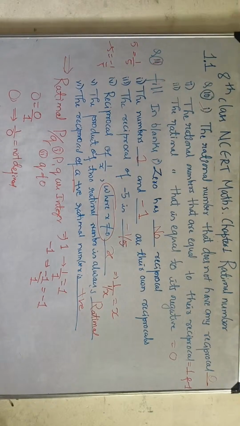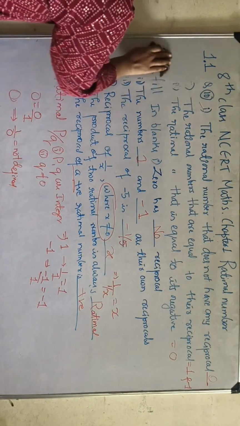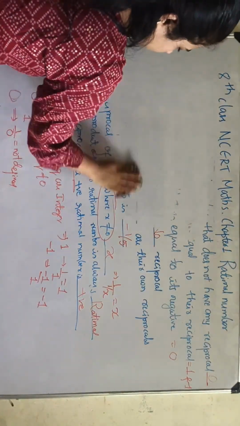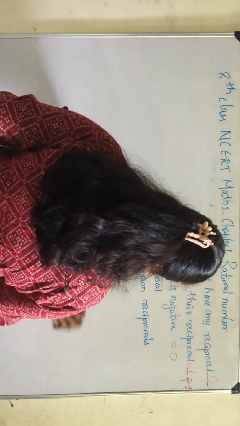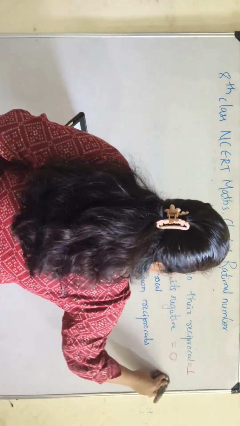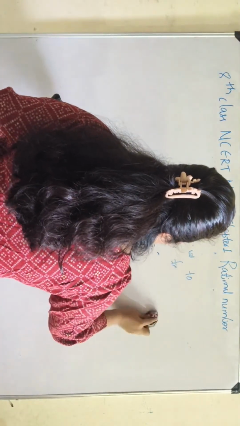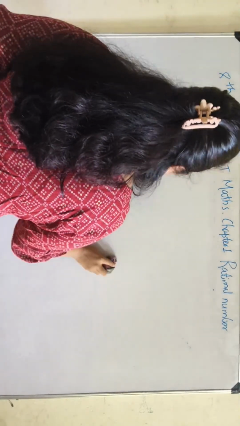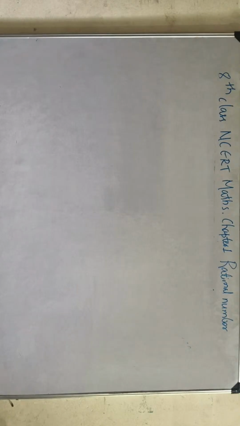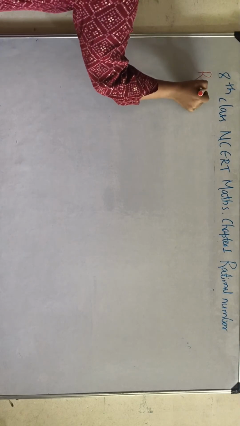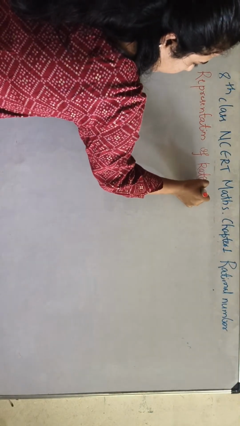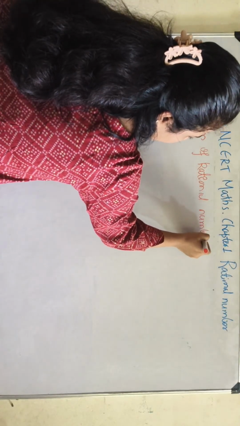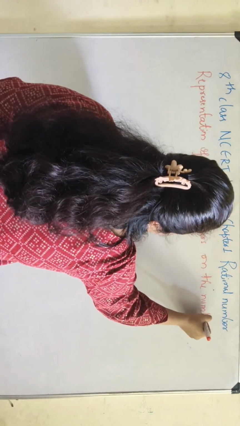Okay, I will erase. So now we'll study the representation of the rational numbers on the number line.